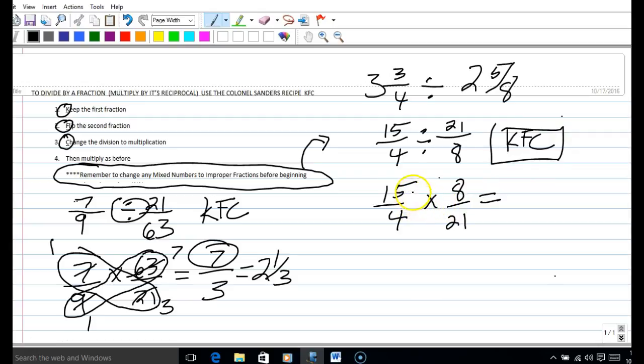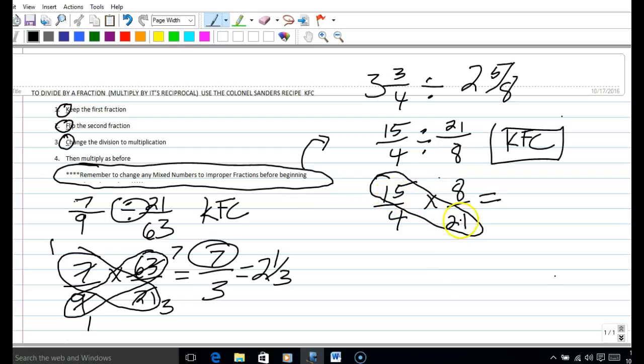So once I create a multiplication problem, then I can make the arithmetic easier by dividing out some common factors. But you can only cancel in multiplication, not in division, up here, not in subtraction, and not in addition.